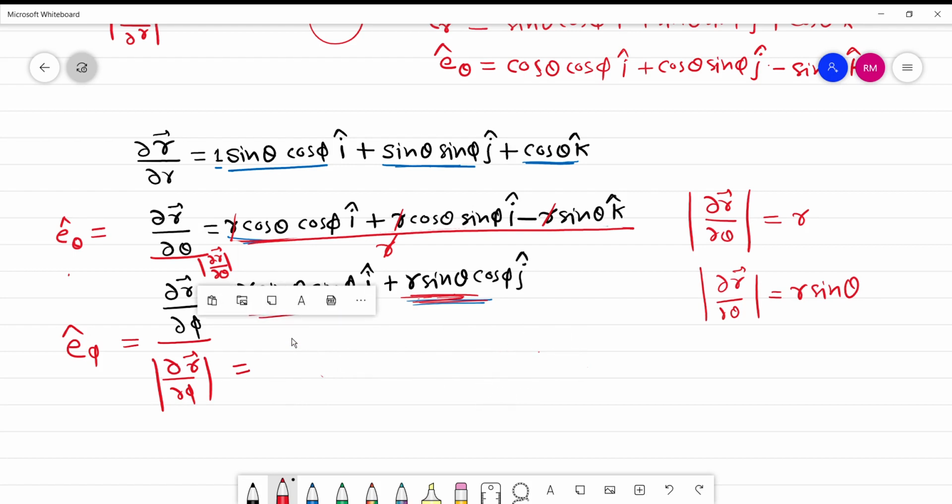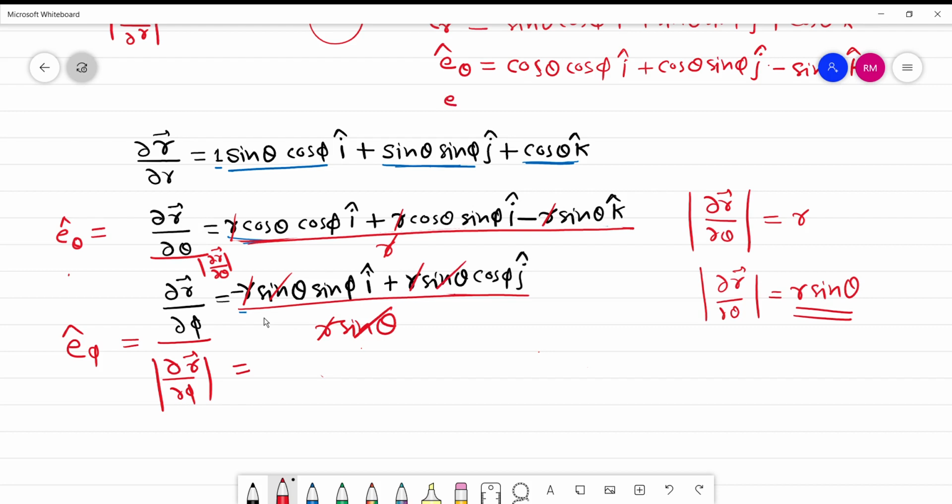So I will divide. Okay, just let me clear some so that it will look nice. Okay, so just a moment. So let us divide it by mod of delta r bar by delta phi, which is r sine of theta. If you divide it by r sine of theta, you can see r goes, sine theta also goes.